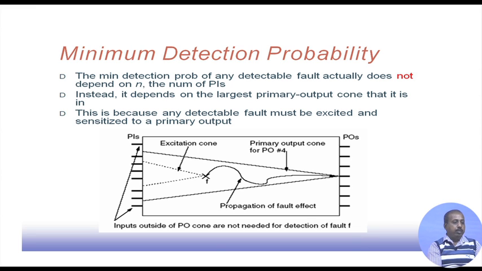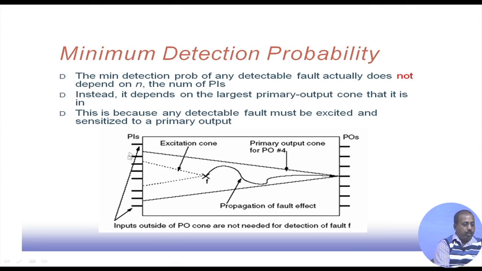What is the minimum detection probability? The minimum detection probability of any detectable fault actually does not depend on n, the number of primary inputs, rather it depends on the largest primary output cone that it is in. Say this is the fault that we are going to detect, and this is the input cone that we have.